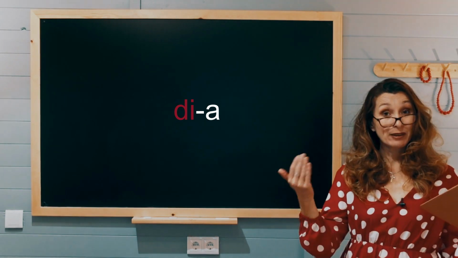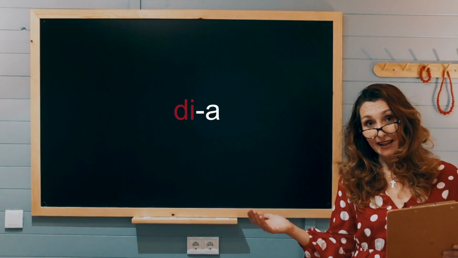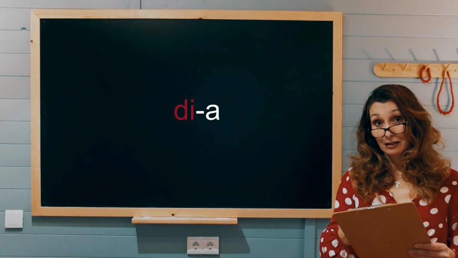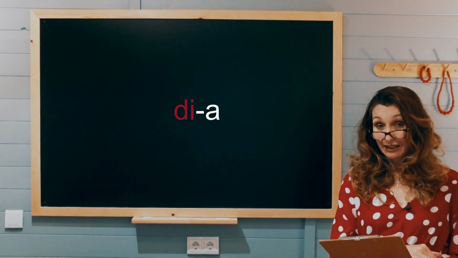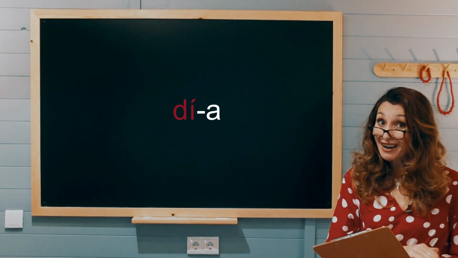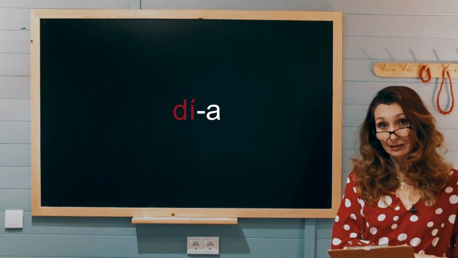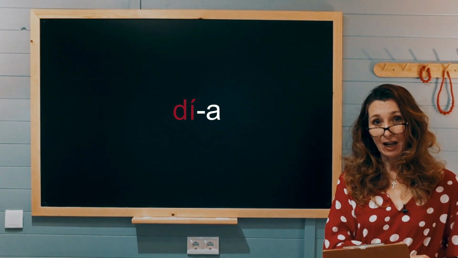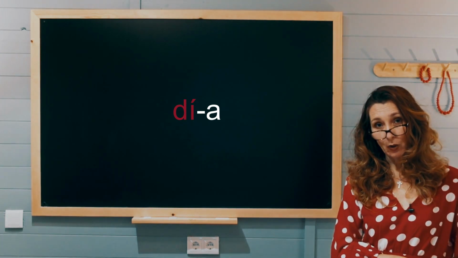And now with I being strong and A, another strong vowel, they no longer fit together into the same syllable. Now that I has become strong as well, now I carries the accent and we have to put a tilde there because we would normally not expect a weak vowel in a diphthong to be accentuated.